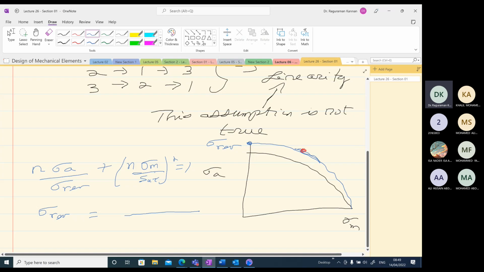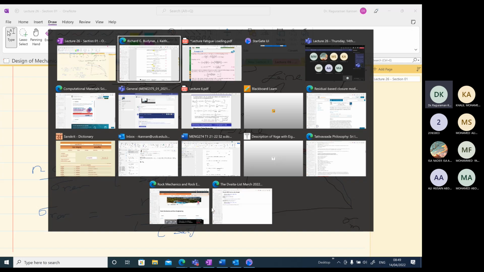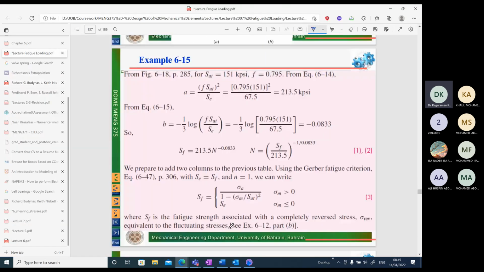In the denominator I will have this value with the n value, and in the numerator sigma A. So this is the same formula that is written over here for positive values of sigma.